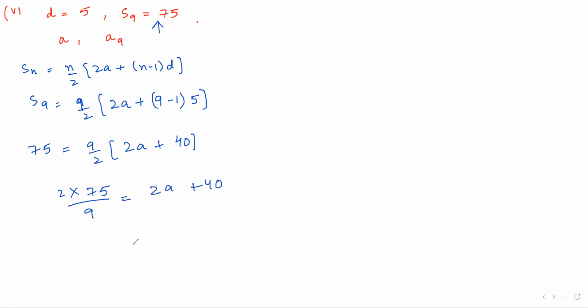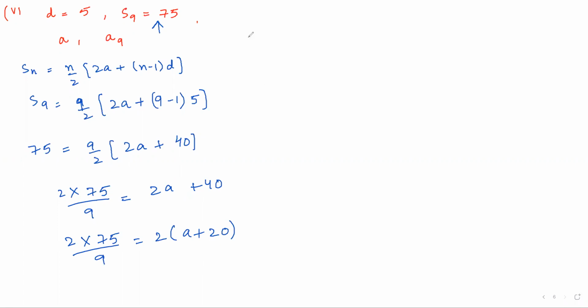Okay. Now 75, is it divisible by 9? No, I think. So what will I do? I can do one thing here. From the right hand side, can I take 2 common and then bring it in the denominator? 2 into a plus 20, right?